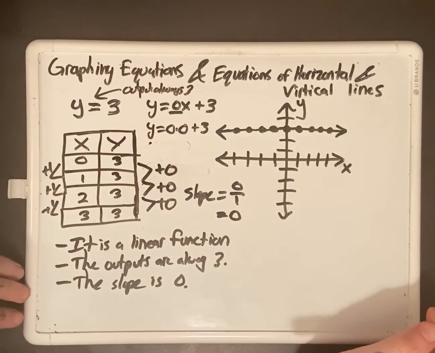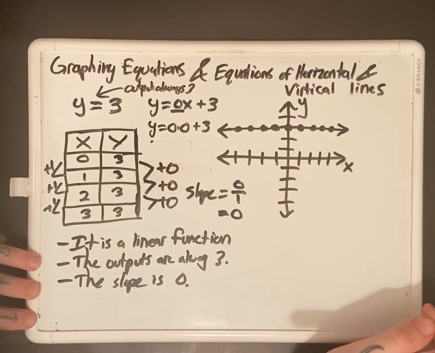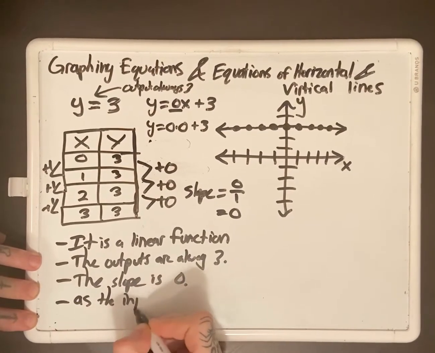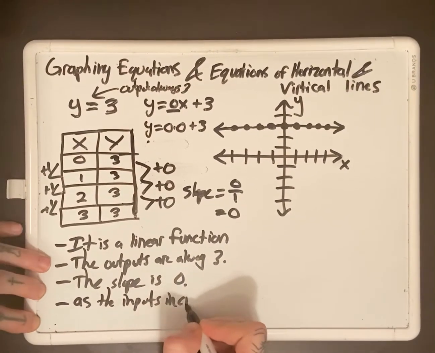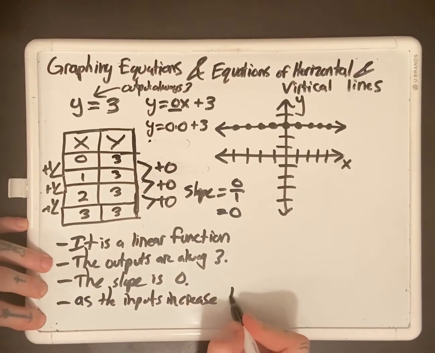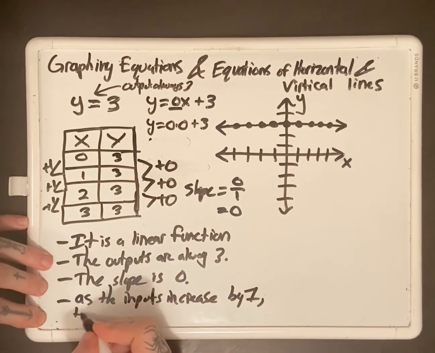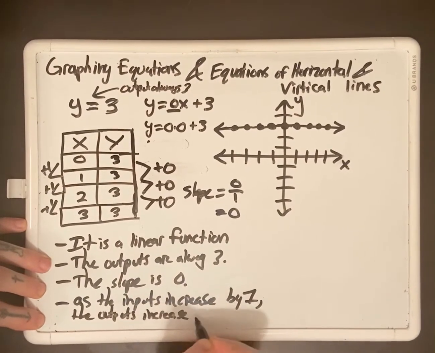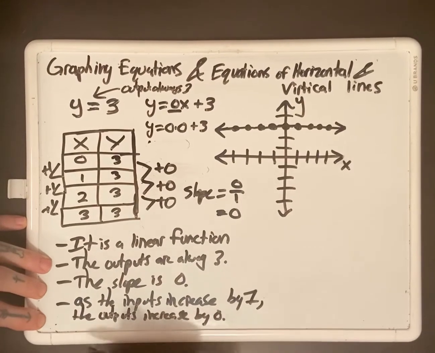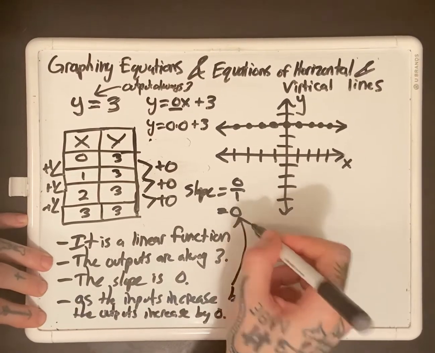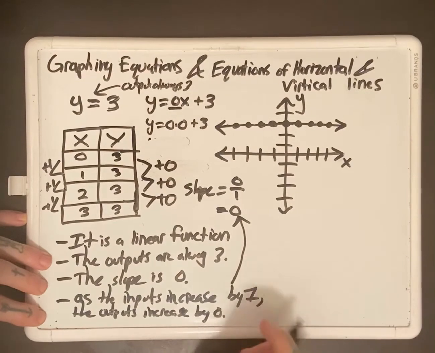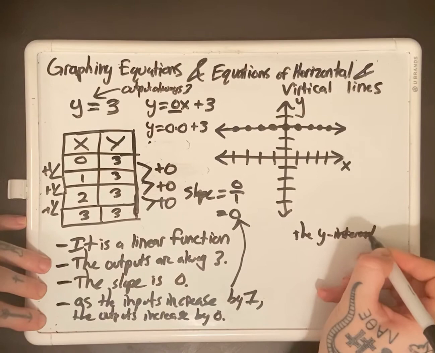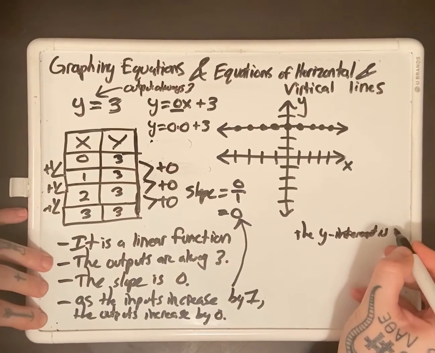All right, a few more observations. As the inputs increase by 1, the outputs increase by 0. That's just slope. The y-intercept is 3.